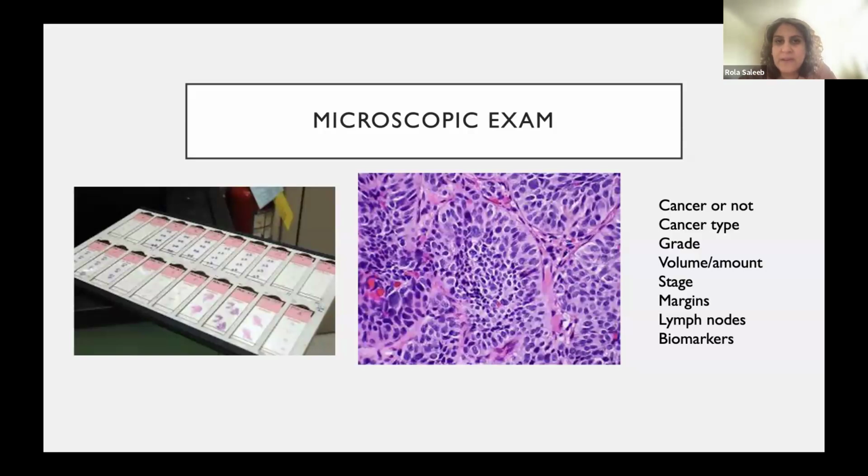The extent of cancer, what stage is it, which means, for instance, depending again on the organ and the site, is it confined to the organ or is it outside of the organ, which reflects into the final staging of the cancer? Whether it was fully resected by the surgery, if it's a surgery and not a biopsy, as in margins were negative or not, whether there are lymph nodes and biomarkers as well. We do report on certain biomarkers for certain cancers.